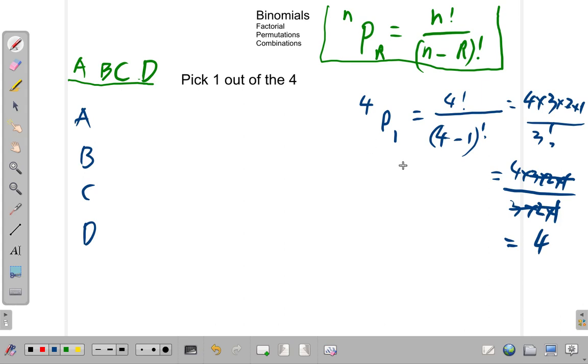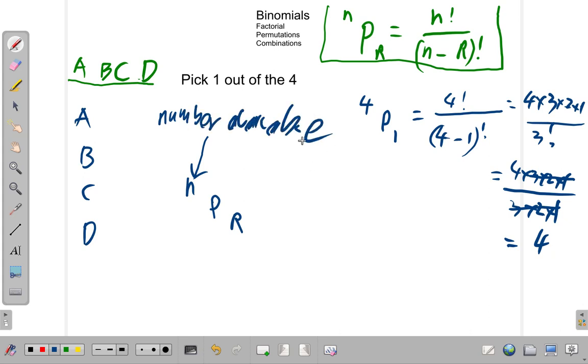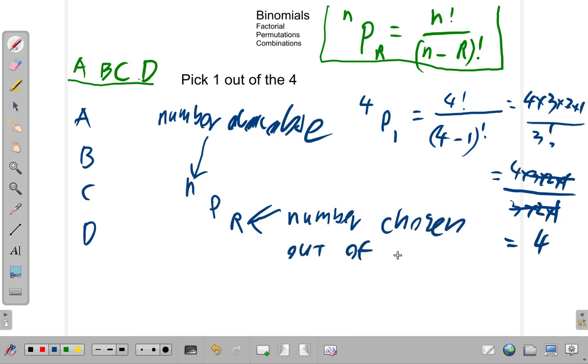So remember now, it is nPr, where n is the number of items available, and r is the number chosen out of n available.